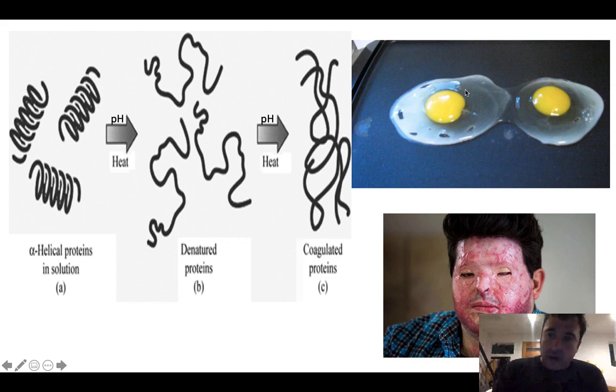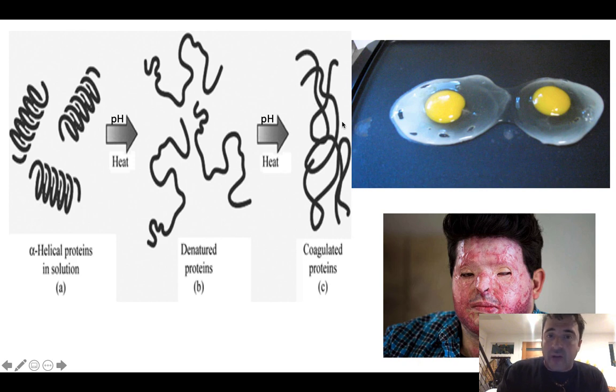As you cook the egg, what you're doing is you're taking these globular proteins that were floating around in the egg white and in the egg yolk, and you're unraveling them. You're breaking the bonds that hold them together using heat. And when you break the bonds that hold those proteins together using heat, you essentially ruin the shape of the protein, or denature the protein.